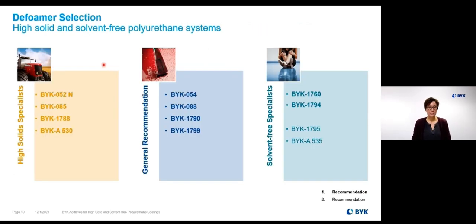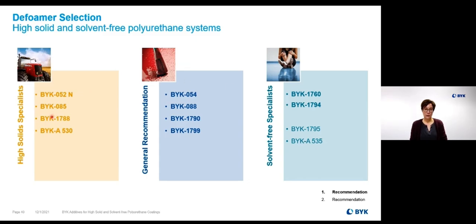That leads us to our defoamer selection, the selection chart or recommendation chart for high solid systems and solvent-free polyurethane systems. Again, we have here in the middle the general recommendation with Book 054, 088, 1790 or 1799. When we talk about solvent-free specialists for floor coatings, for example, we have the 1760, 1794, which I presented just before, as well as second recommendation 1795 or Book A535.